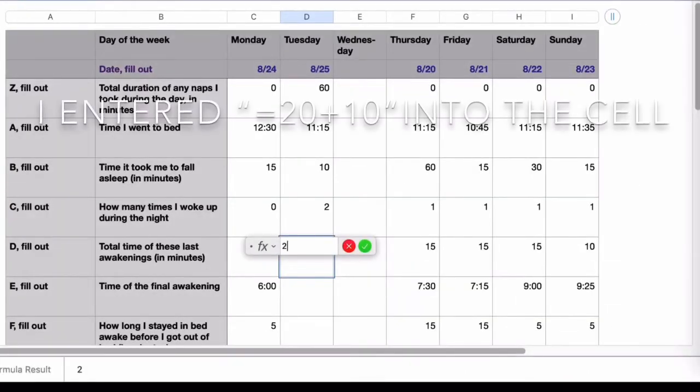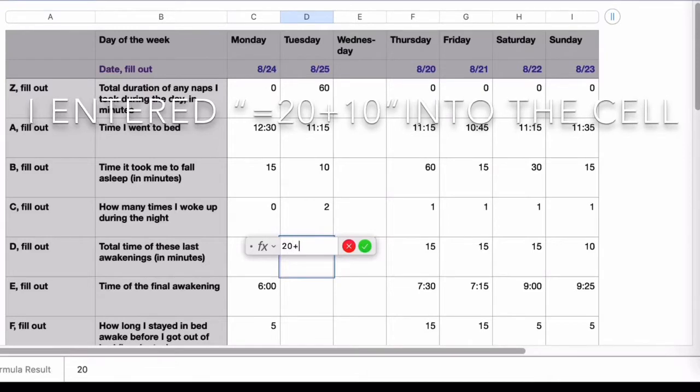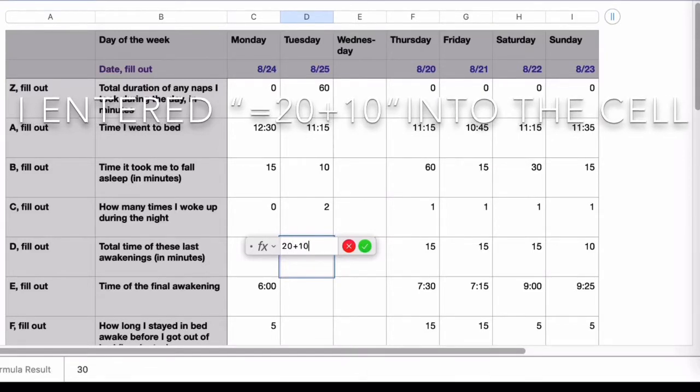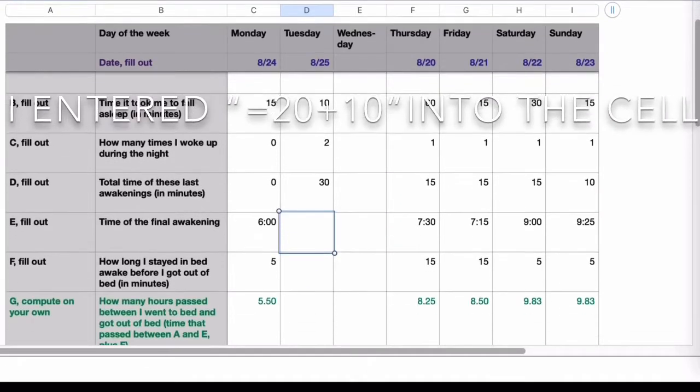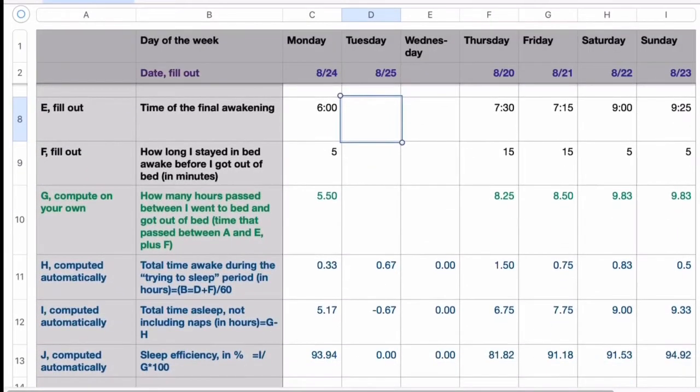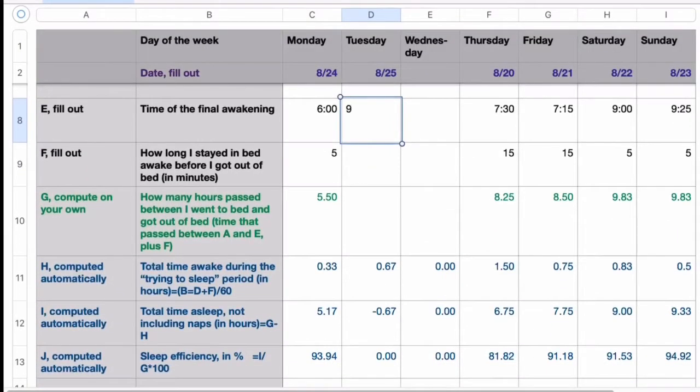So 20 plus 10, that's gonna give me 30 minutes. The time of the final awakening was actually about 9:15. And I stayed in bed for about 5 minutes before I got out of bed. Actually, if I think about it, I think I woke up at 9 a.m. And I stayed in bed for 5 minutes before I got out of bed.